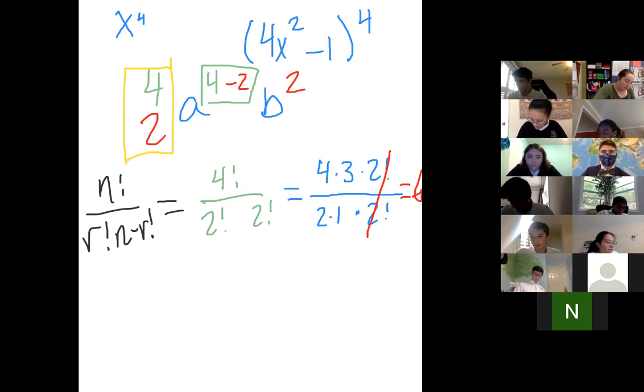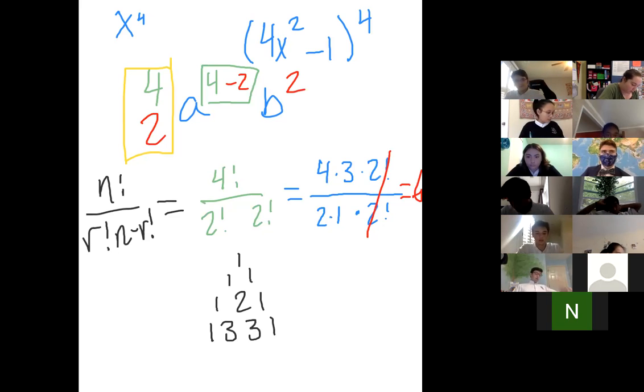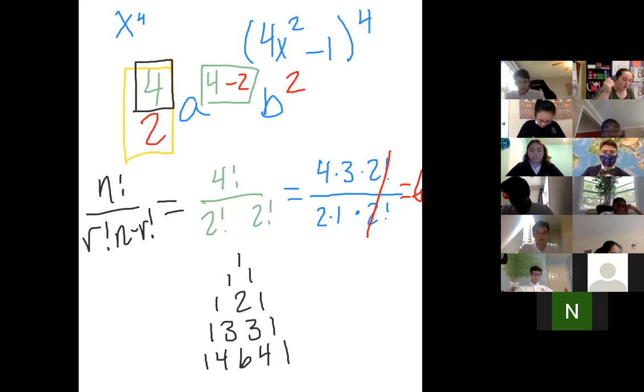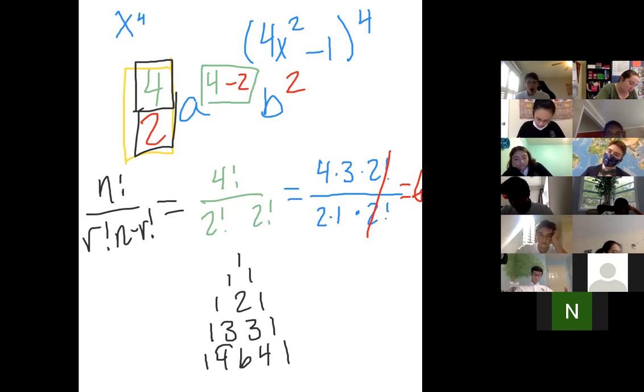Now, really quickly, I'm going to go through Pascal's triangle. So we have 1, 1, 1, 1, 2, 1, 1, 3, 3, 1, 1, 4, 6, 4, 1. Okay, so when we say 4 take 2, it is the fourth row, take the second number. So we find the row with the 4 and take the second number.